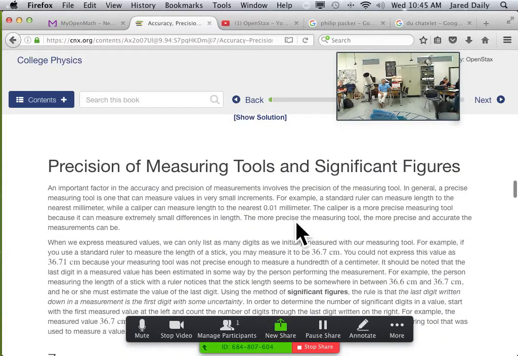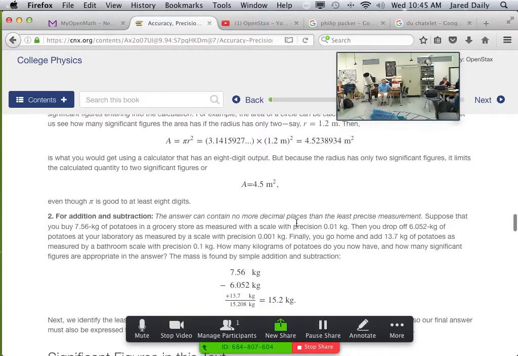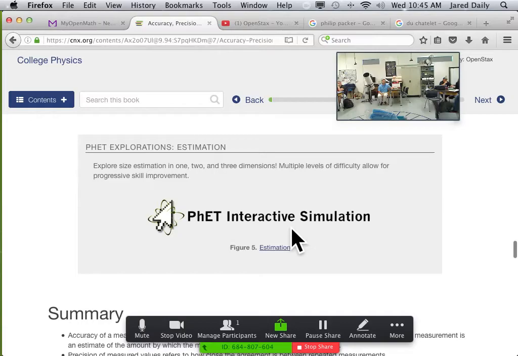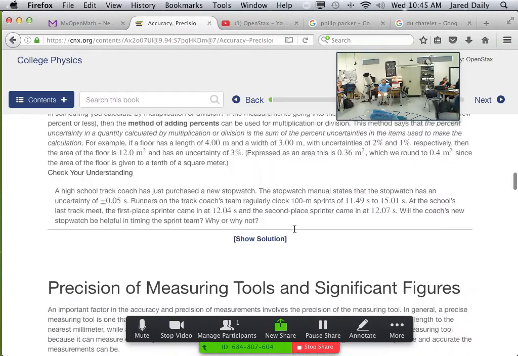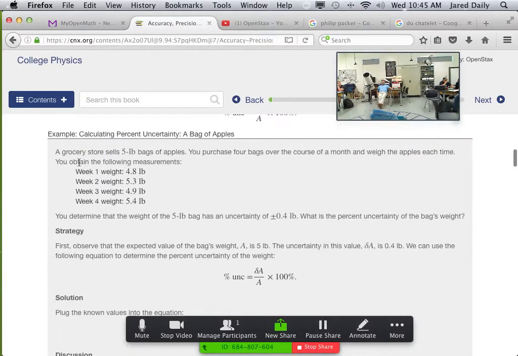Now another way to do it, which is often done in science, is to use a plus or a minus. And the way that you do that is you take an average of these numbers, so you add them all up and divide by how many numbers you have, which is 4. So you add all these numbers up, you get about 20-ish.